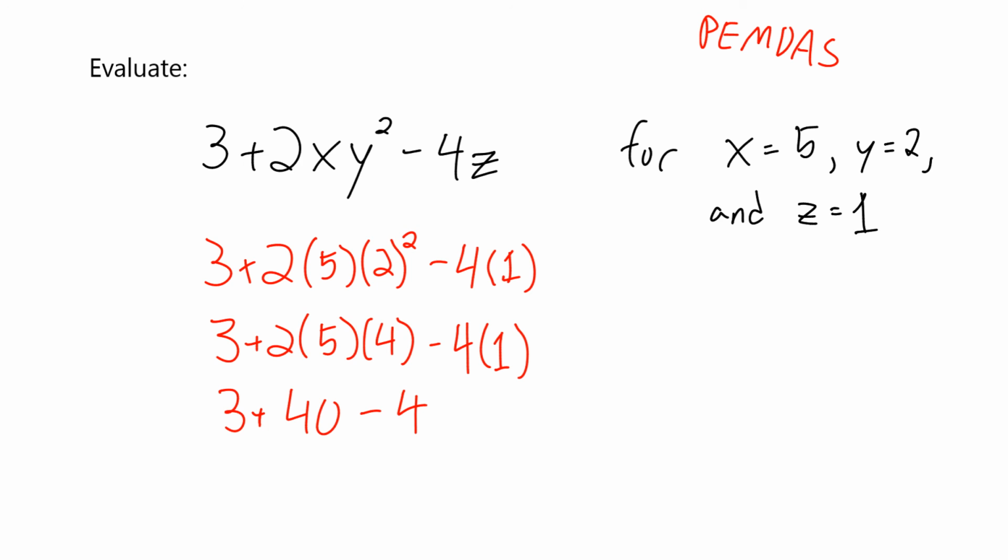Lastly, when it's time to add and subtract, 3 plus 40 gets us 43. 43 minus 4 equals 39. 39 is the value of our algebraic expression.